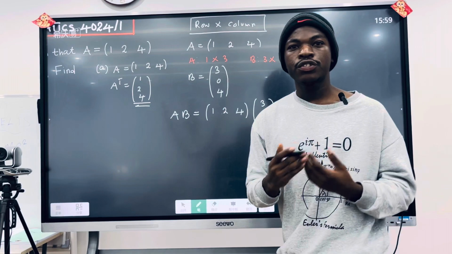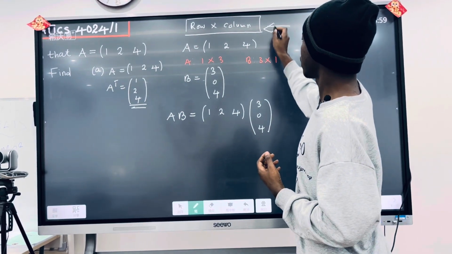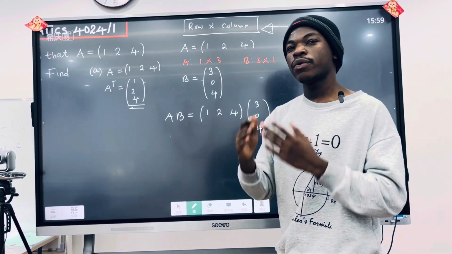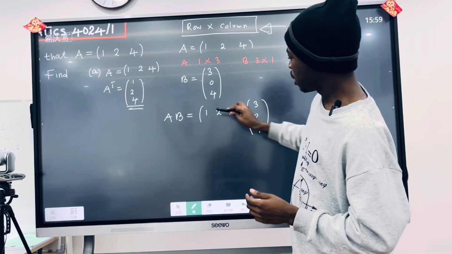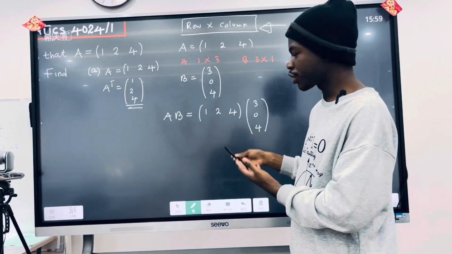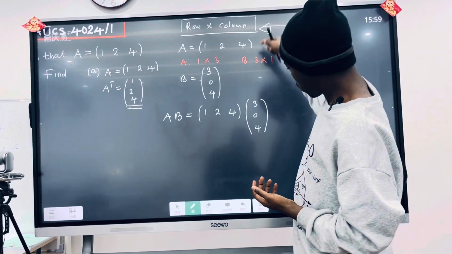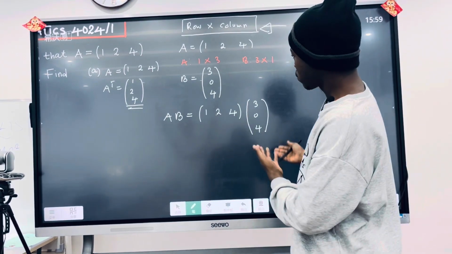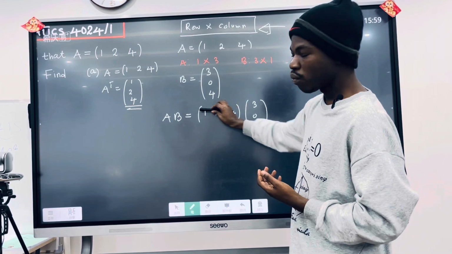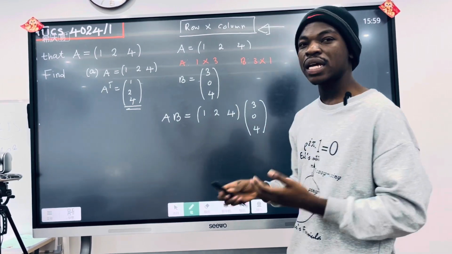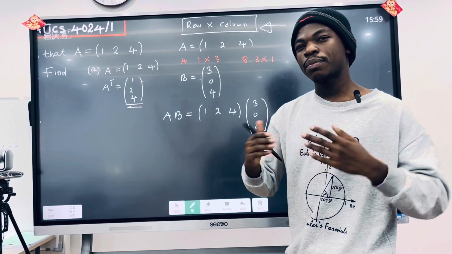Remember our guiding tool here is row by column. What do we mean? For this question, we only have one row there. So each row in here should multiply all the columns in there, and for this question we only have one row and one column. Then as we multiply, we need to be adding the products.